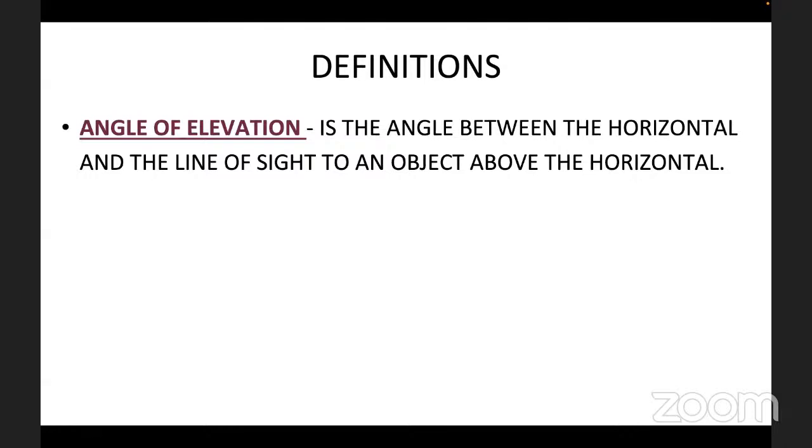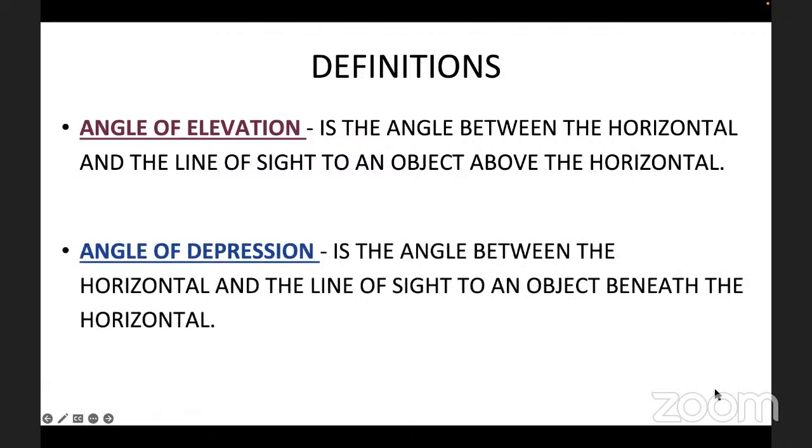So let's look at that again. The angle of elevation is the angle between the horizontal or the eye level and the line of sight to an object above the horizontal. The angle of depression is the angle between the horizontal and the line of sight to an object beneath the horizontal.